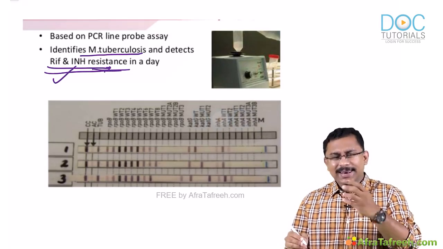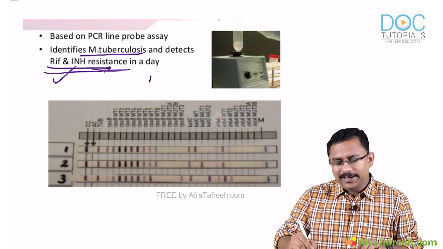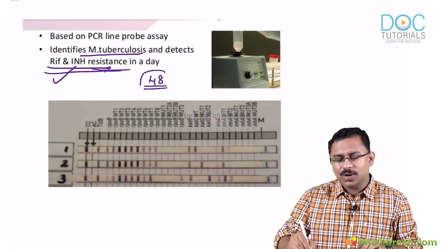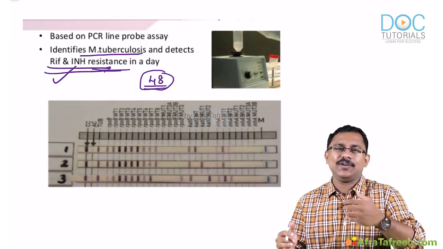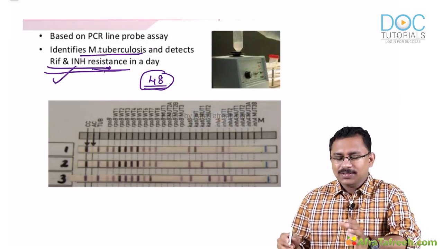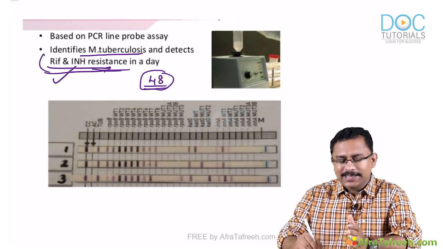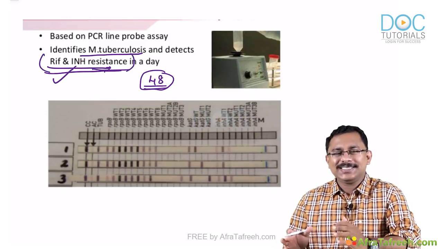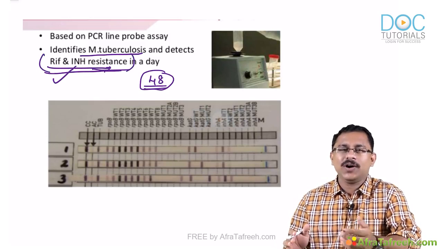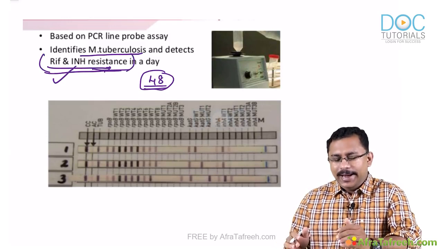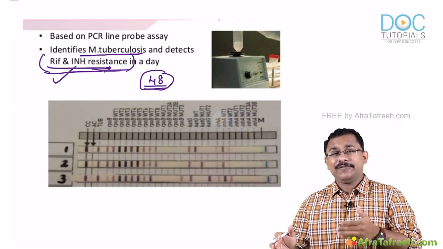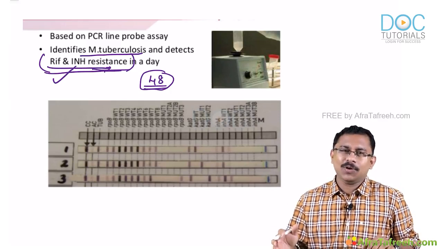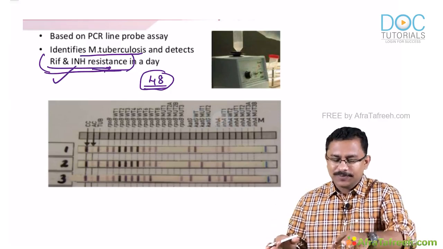Sometimes it might take 48 hours, sometimes 72 hours, but in around a day or so, you might get the results of your line probe assay. Since it detects both the resistance, it has an advantage over your CB-NAT, and your LPA is again a favored investigation modality for tuberculosis.